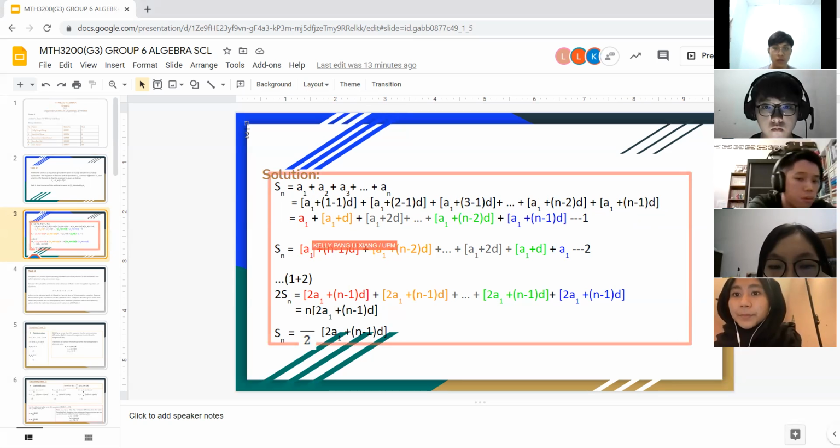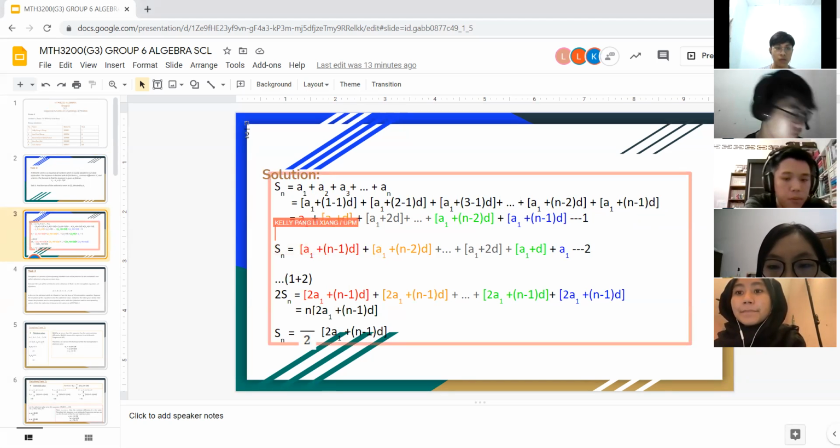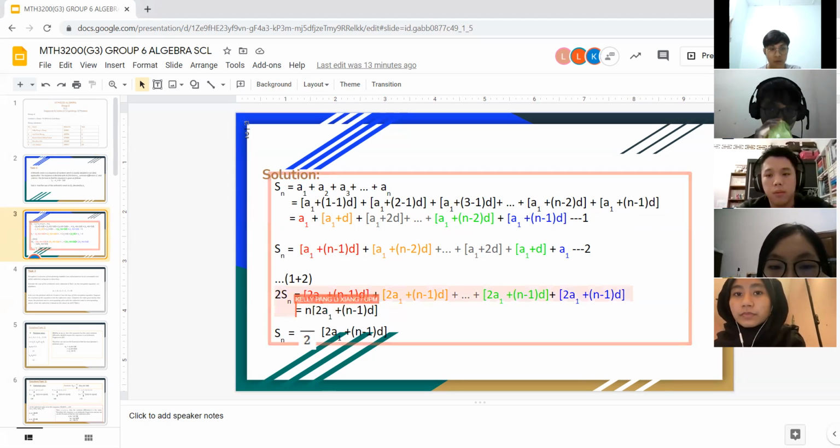Then I do another Sn, which is the same but in reverse sequence. So when I sum up the 2Sn, I will get 2Sn equal to this.